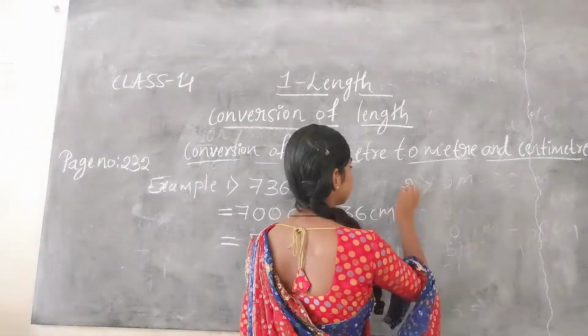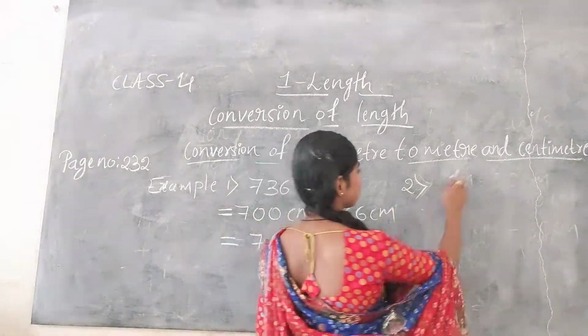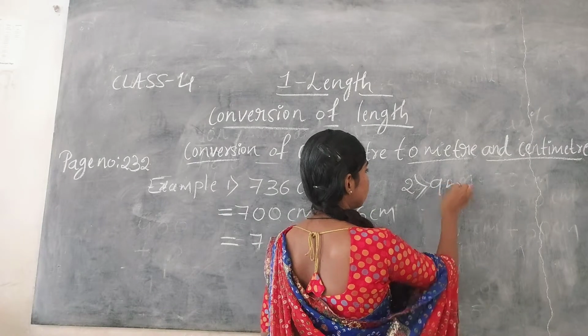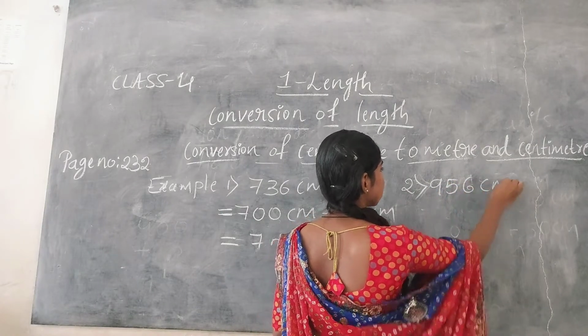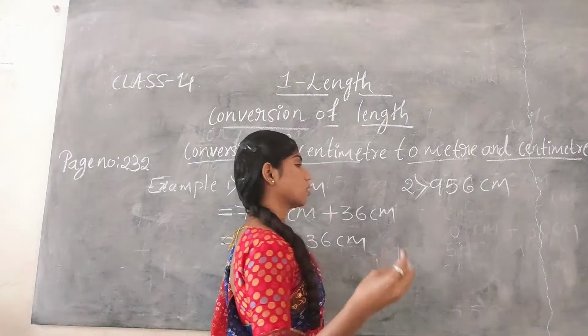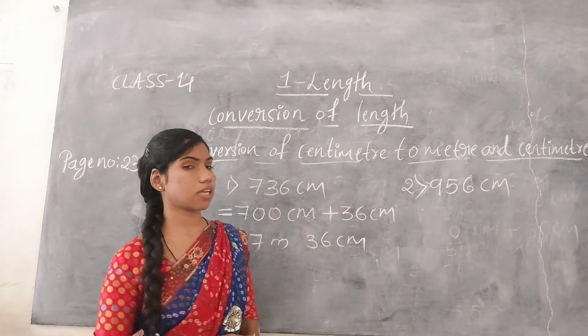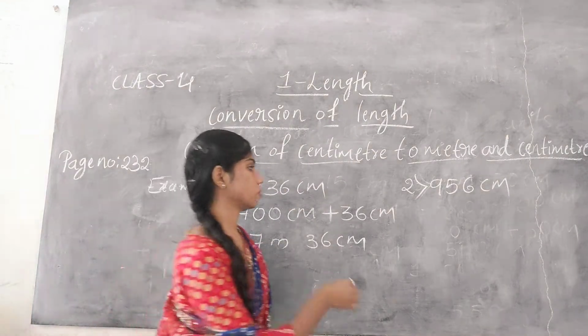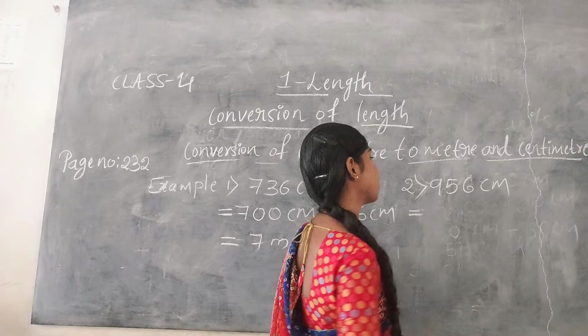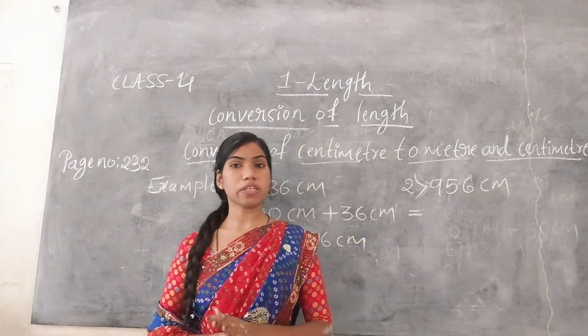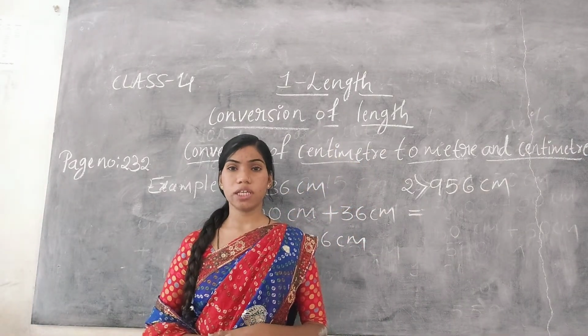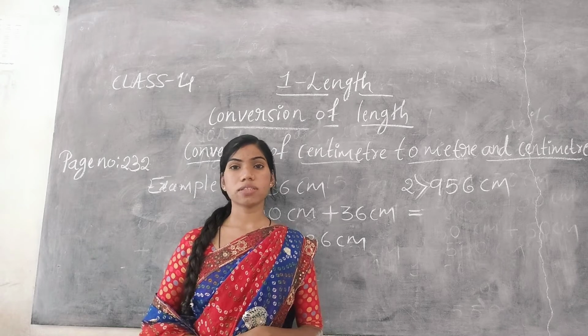And take one more example here. 956 centimeter. Convert the 956 centimeter into meter and centimeter.